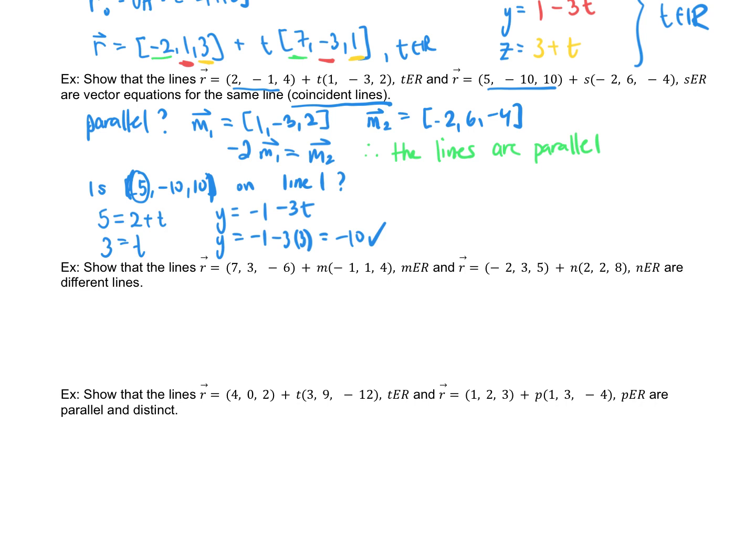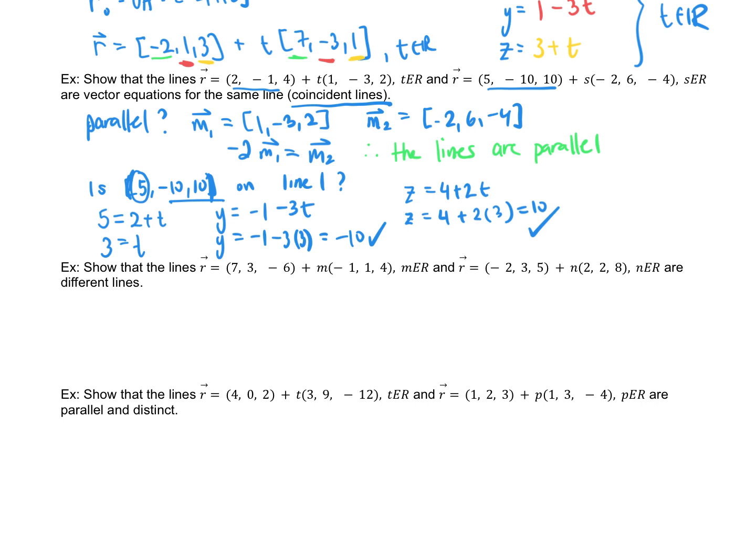Okay, that matches. And then for z, we have 4 plus 2t. I'm going to replace t with 3. So that's 4 plus 6, which is 10, and that again matches. So because we actually got the points for that coordinate using t equals 3, that means 5, negative 10, and 10 is on line 1.